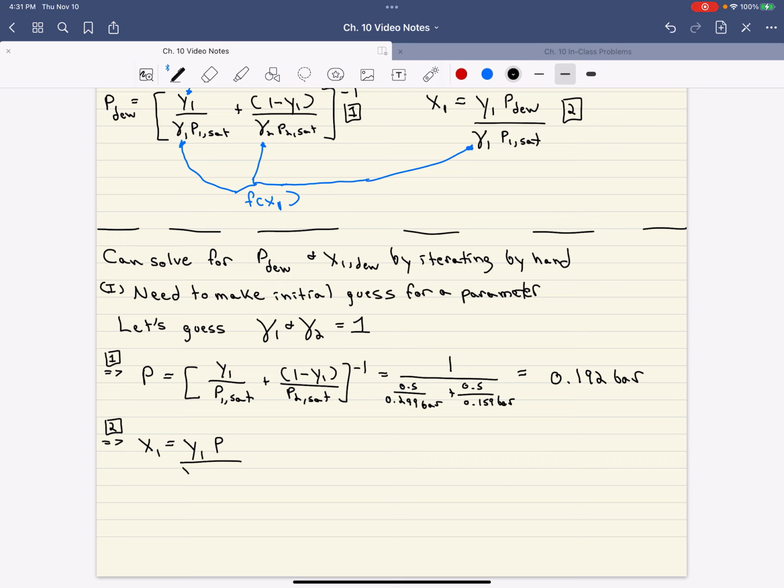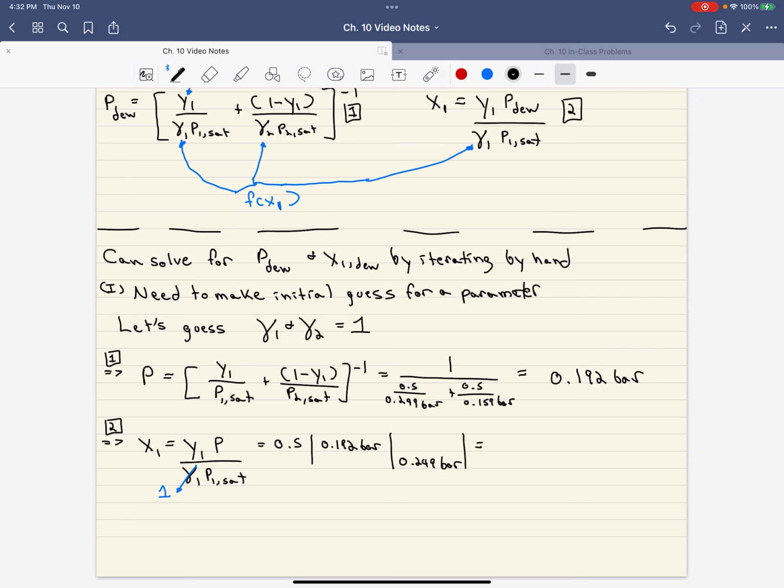Okay? Which was this. And once again, we're sort of assuming that gamma 1 is equal to 1. Okay? And so now that we have an estimate for P, we could plug that in. So 0.5 times 0.192 bar divided by 0.249 bar.